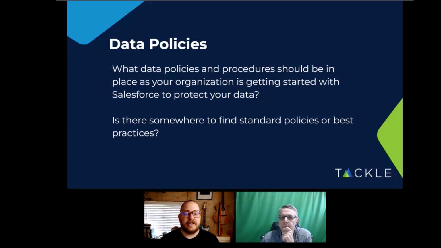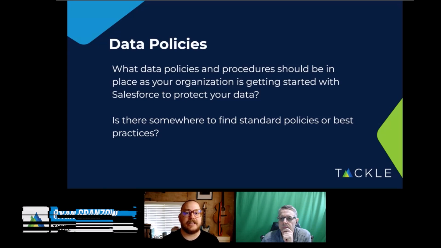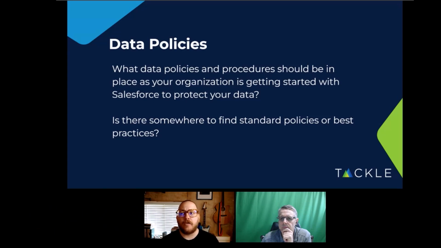Yeah, thank you. One of the starting points that we always look at with our clients is, how are your users, how are people accessing your data? A lot of organizations have multiple different types of profiles or permission sets, some rules that, hey, these people can access this and not this, as well as some organizations just let everybody be a system administrator.